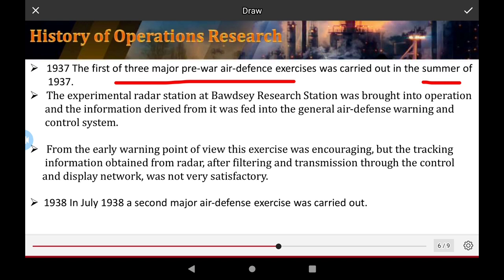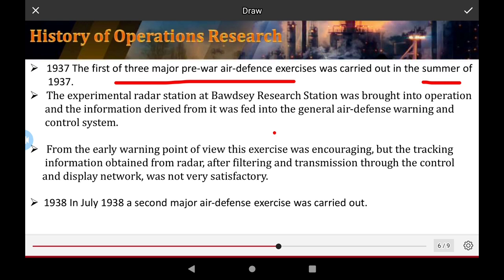Experimental radar stations were carried out at the research stations. The stations were brought into operation, and the information derived from them was fed into the air defense warning and control system.